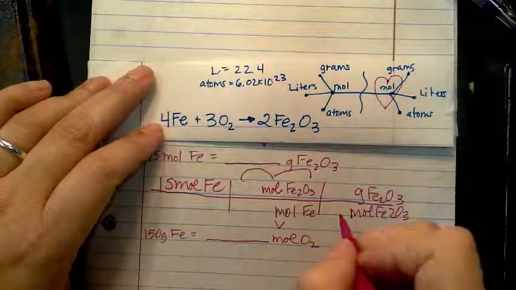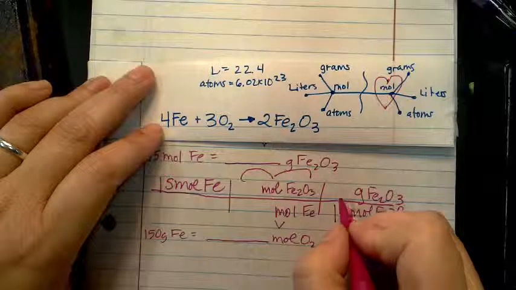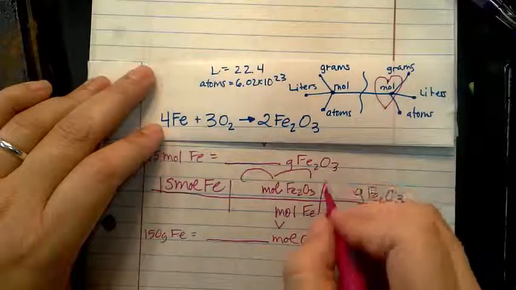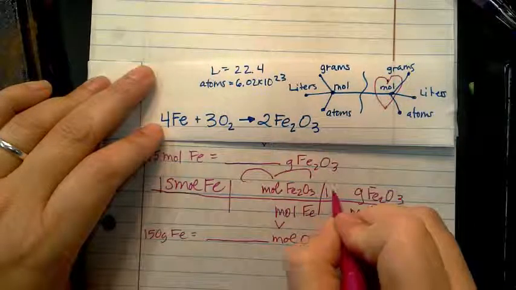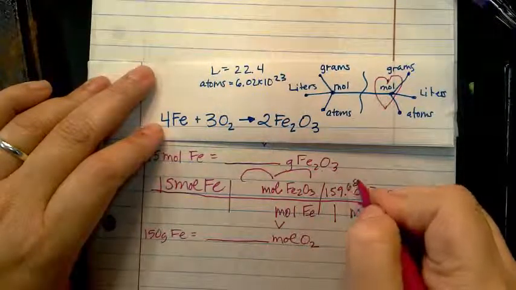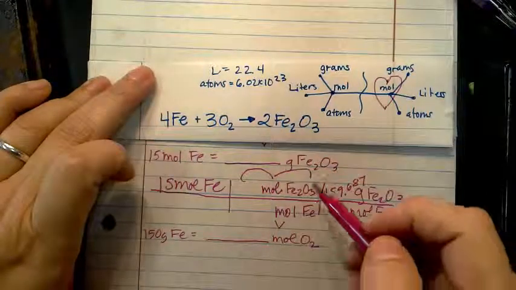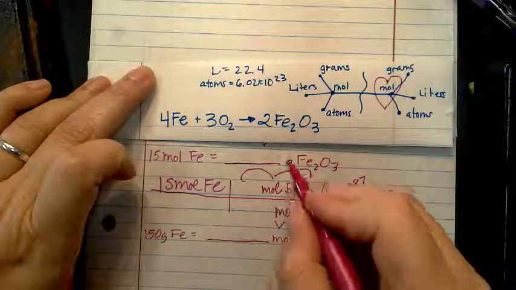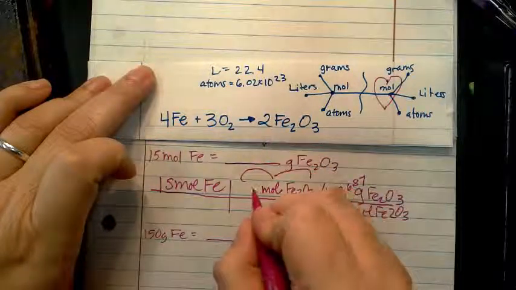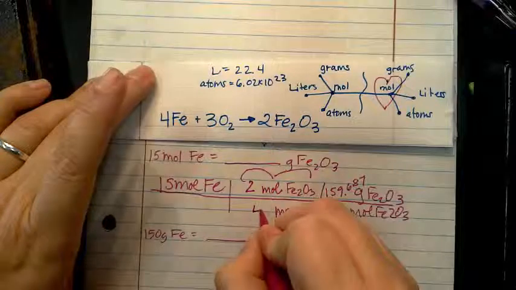What goes in front of a mole if it's not a heart? It's a 1. What goes in front of the grams if it's not the given? It's going to be the molar mass, which here is going to be 159.687. And then I'm going to look back to my balanced equation right here for the numbers that go in here. In front of the Fe2O3 is a 2. In front of the moles of Fe is a 4.